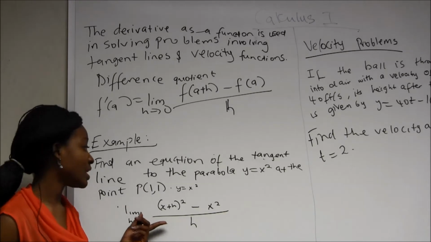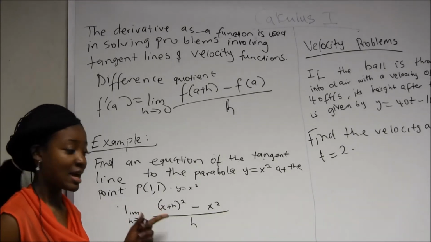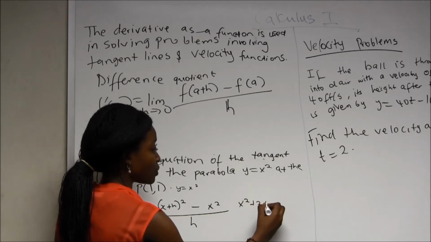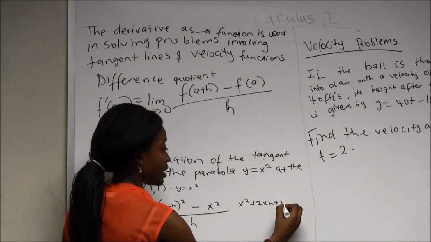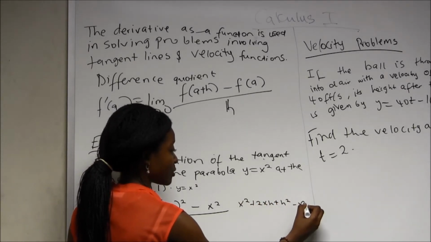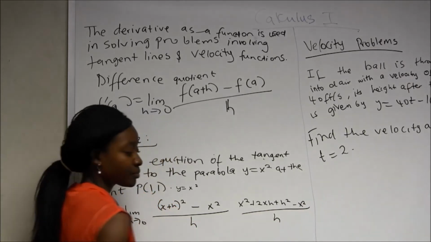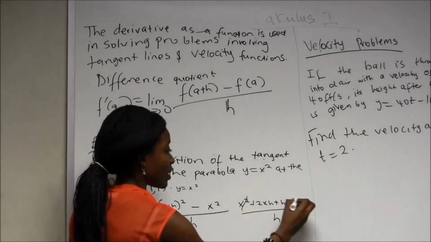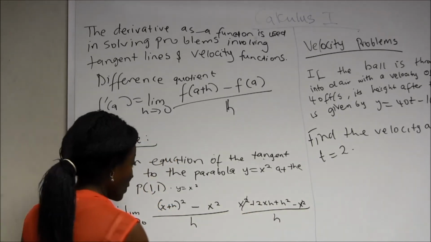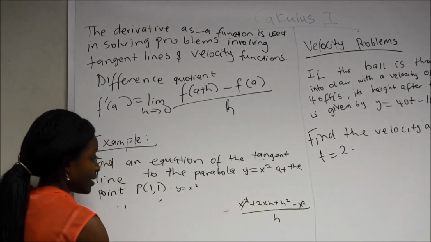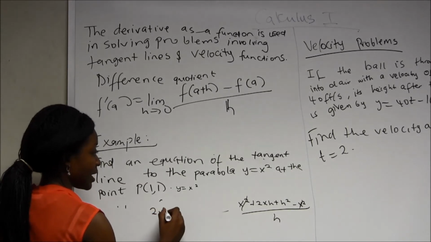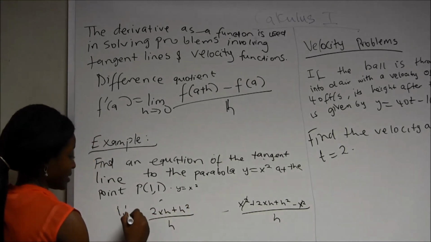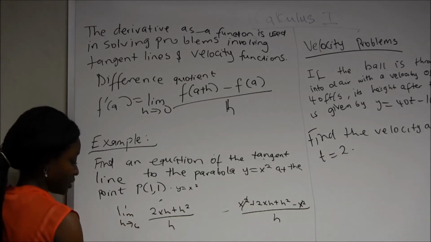The next thing I do here is to expand my brackets, and when I do so, I'm going to have x squared plus 2xh plus h squared minus x squared all over h, right? Something here is very unique. The x squares cancel out. So now what I'm left with here is 2xh plus h squared all divided by h, the limit as h approaches 0.